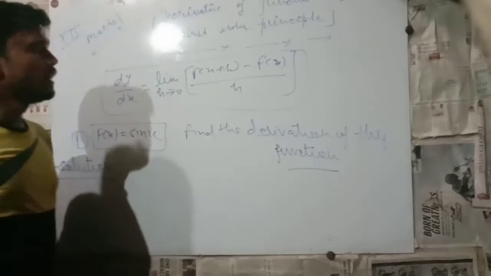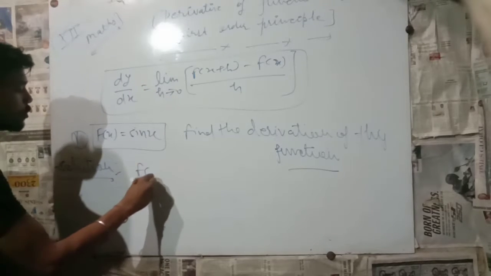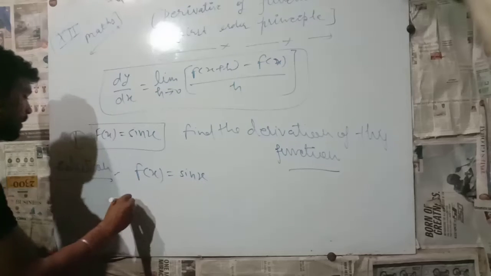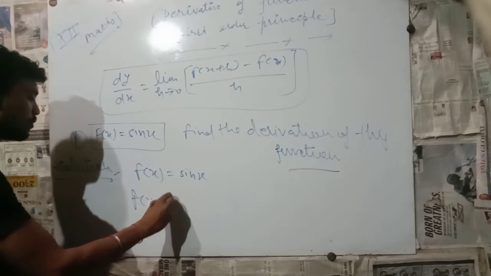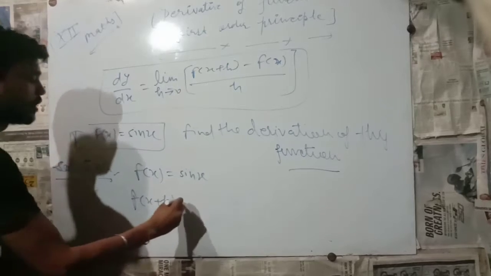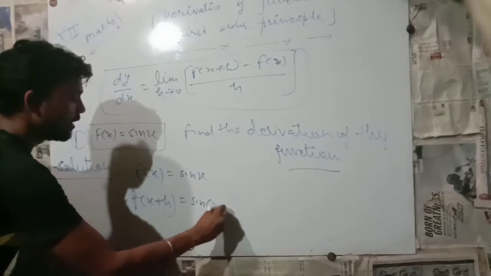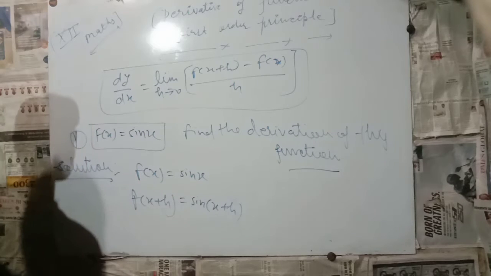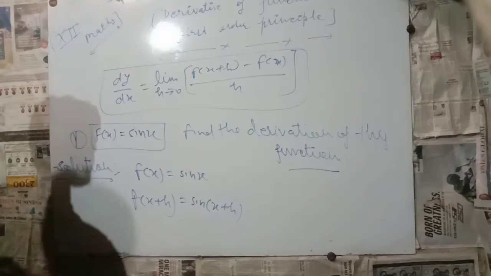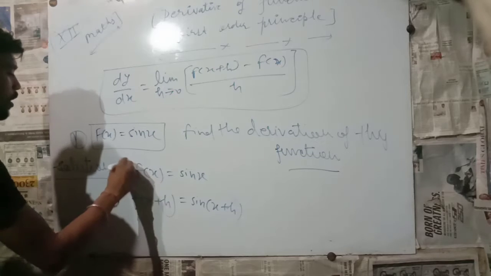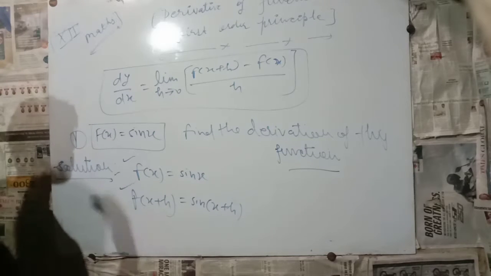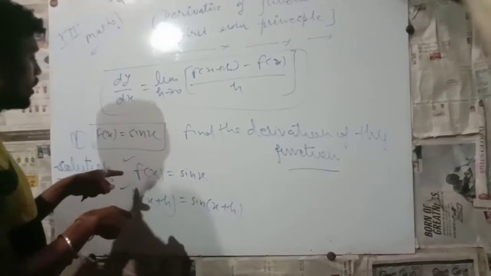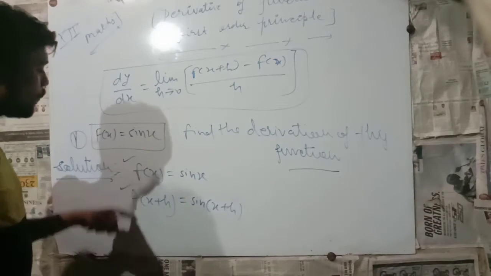According to the formula, first of all you can write, given that f of x is equal to sin x, f of x plus h is equal to, because we need x plus h, then you can put it here, sin of x plus h. Now did you find the value of this? The students should only know how to find these things.